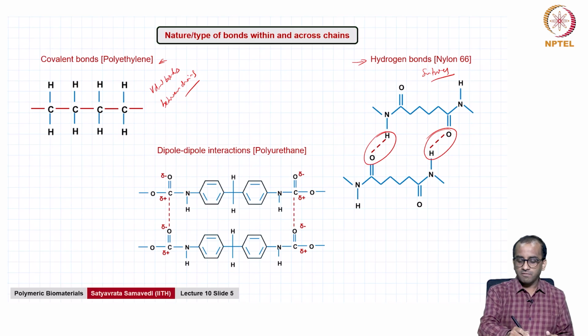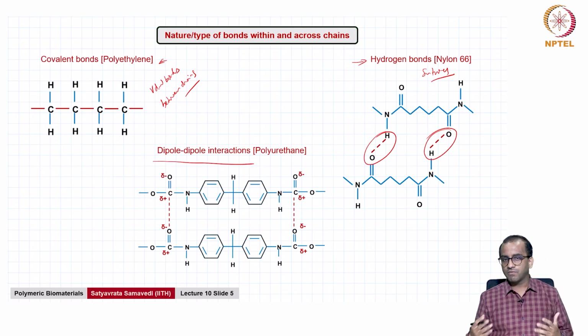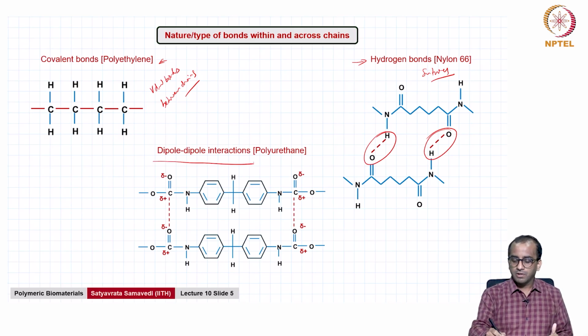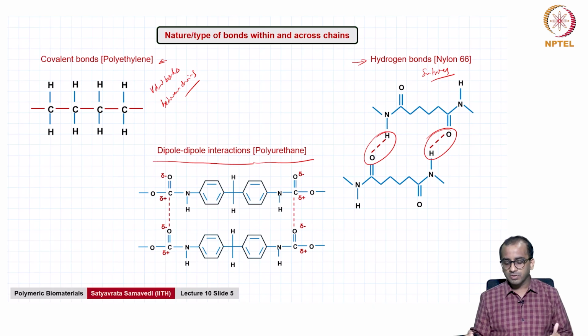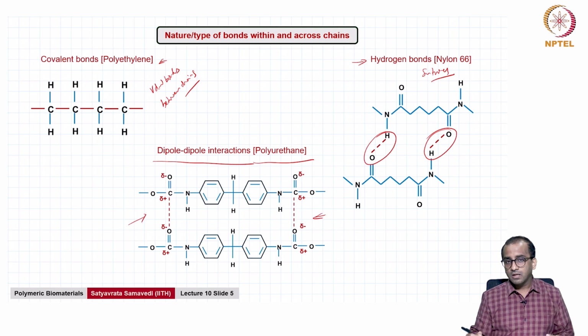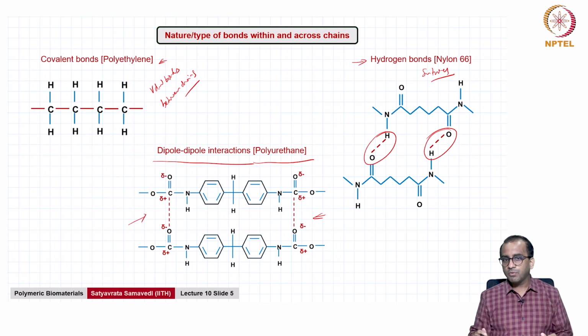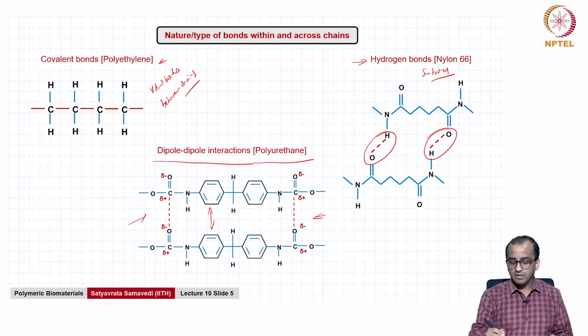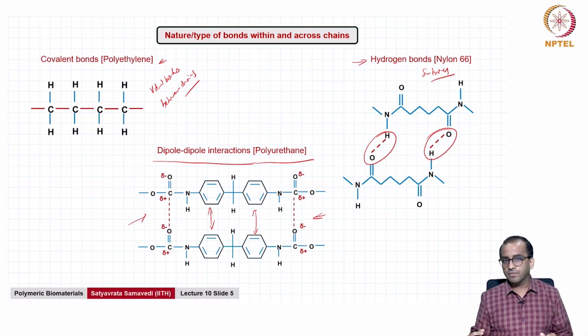You can also have dipole-dipole interactions, which are a form of van der Waals bonds. Shown here is an example of a segmented polyurethane, where we are looking at dipole-dipole interactions shown in red here. You can also have induced dipole interactions with these kinds of rings.